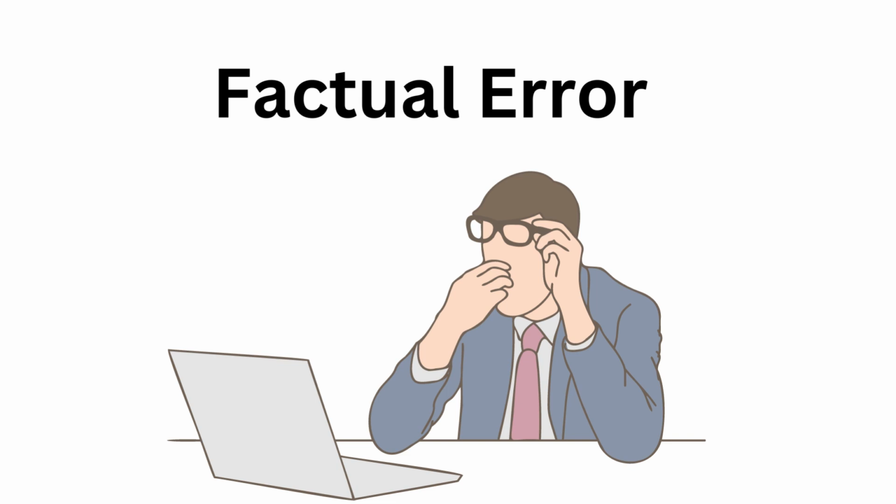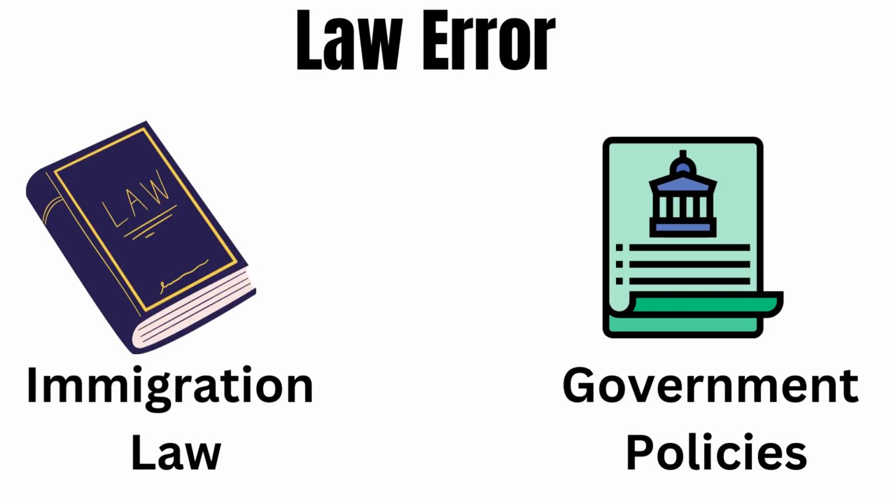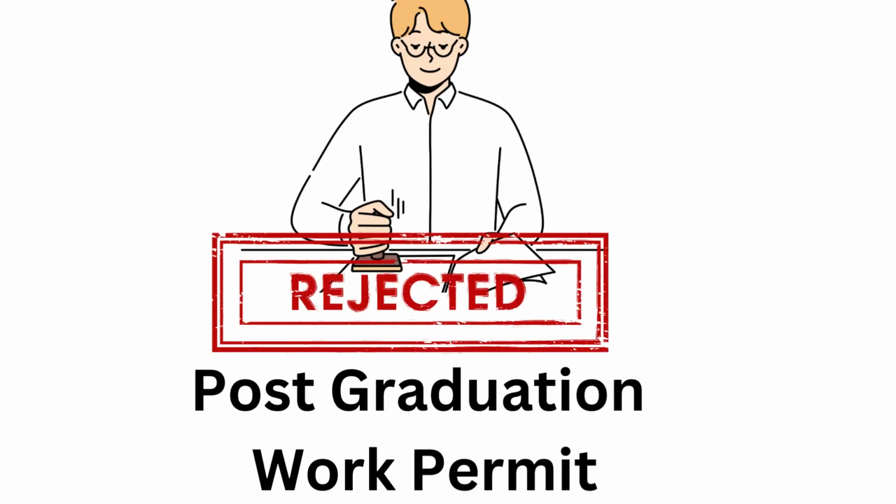When it comes to law error, it is ideal to have knowledge of immigration law and government policies which are pertinent and could be cited in the reconsideration request. An example of law error would be an applicant pursued his studies remotely out of Canada due to COVID-19. Within that period, a public policy was in place that granted students the opportunity to do so.